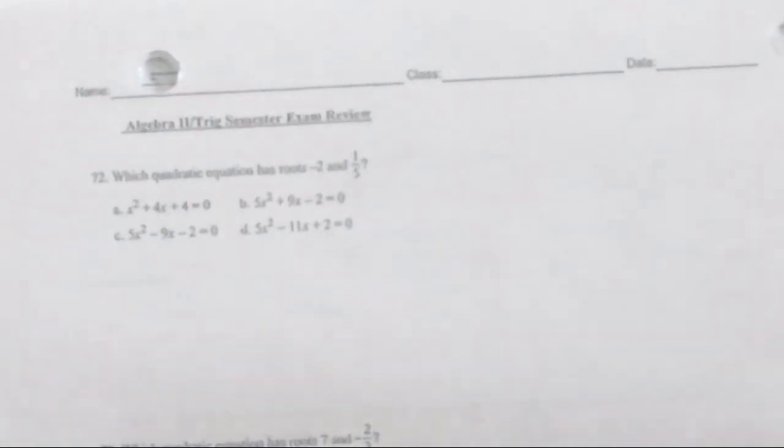I don't know. You can't read it anyway. 72. It's not C. Why? We'll see.